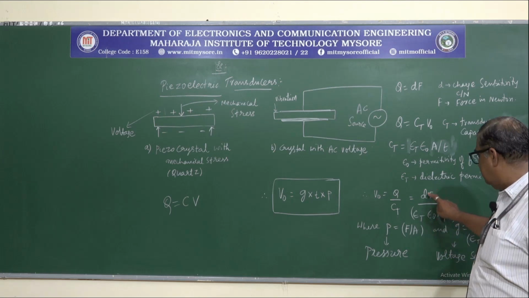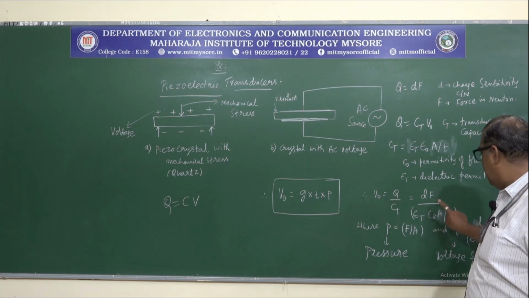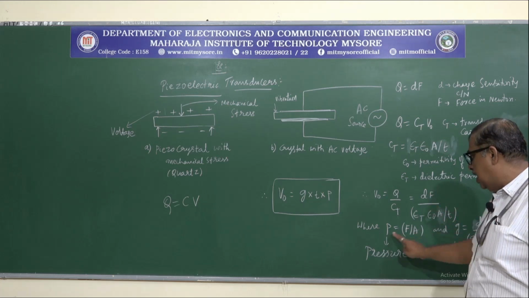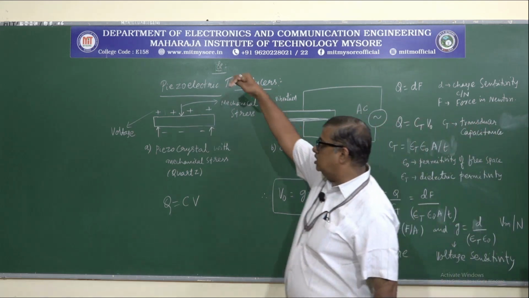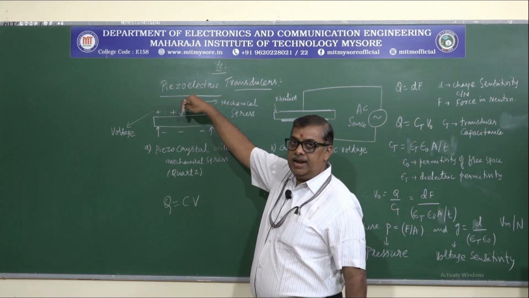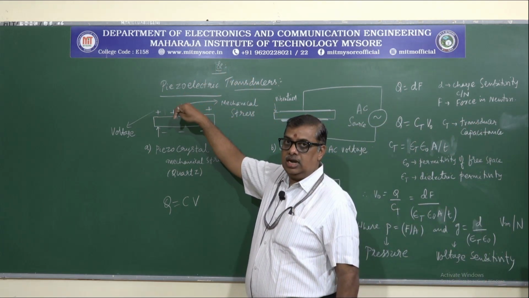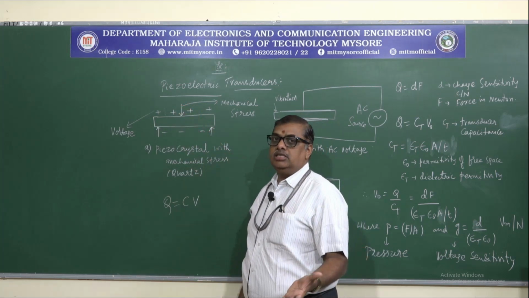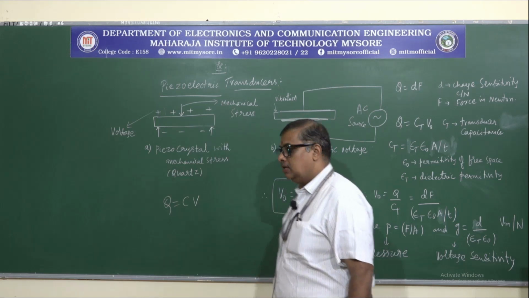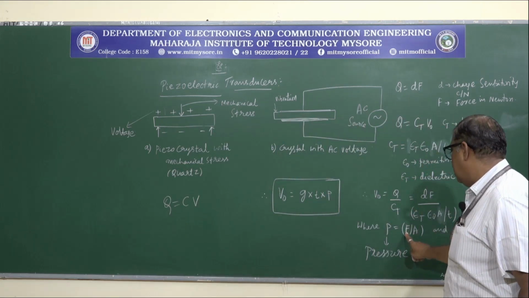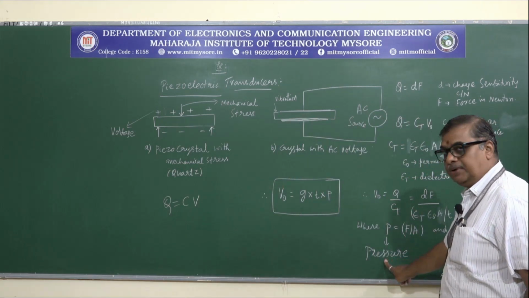So there is a factor F and a factor A. I will take that F by A and call it the pressure. That means how much pressure is being applied on the piezoelectric crystal, that much charge is going to get accumulated.